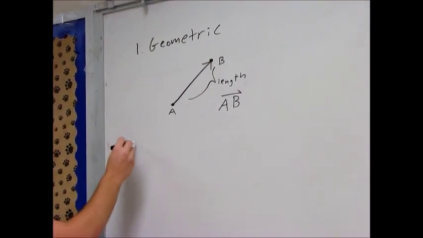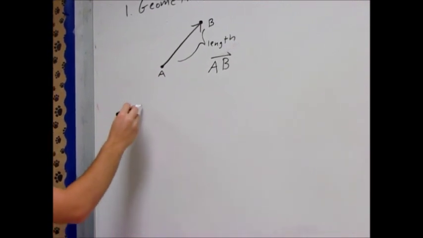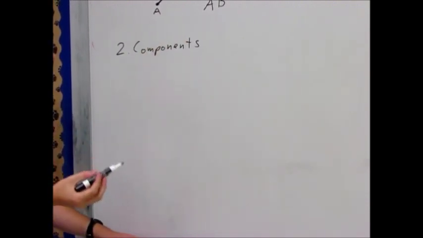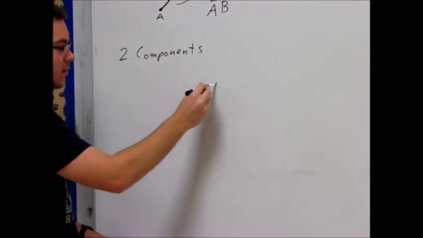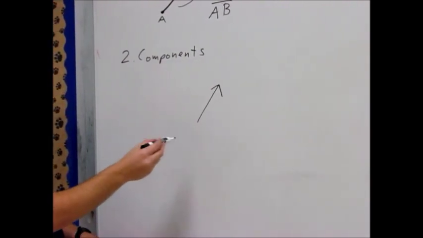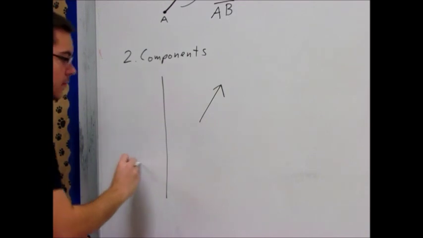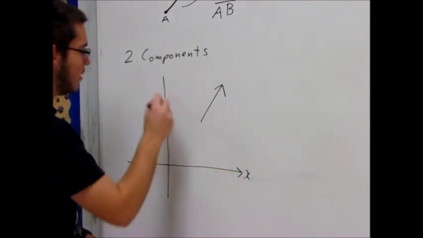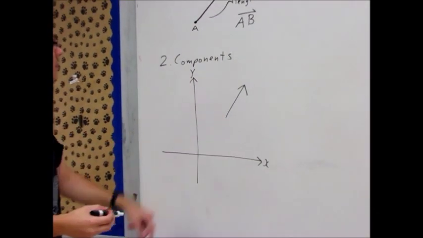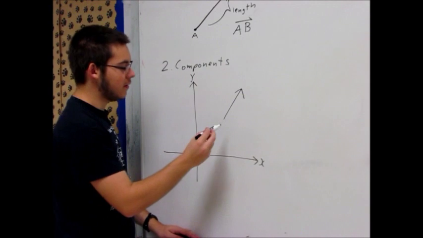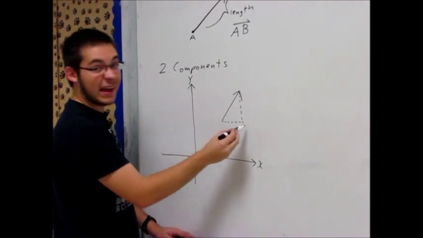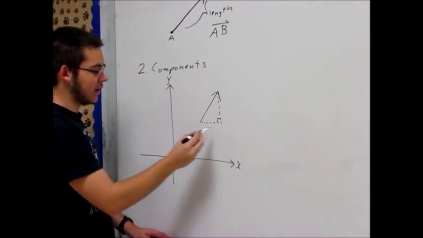But vectors can also be described in another way, based on components. If we have a vector over here, what I can do is set up a coordinate system, let's say x and y, Cartesian coordinates, and then describe this vector based on the length in each of the two coordinate directions.